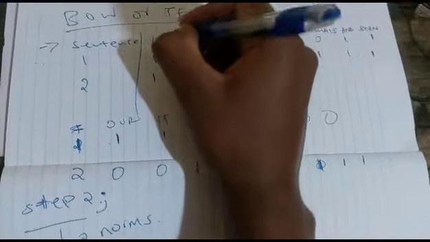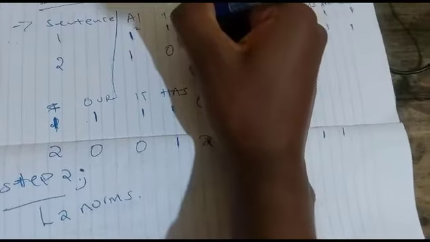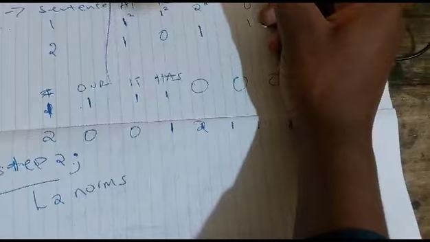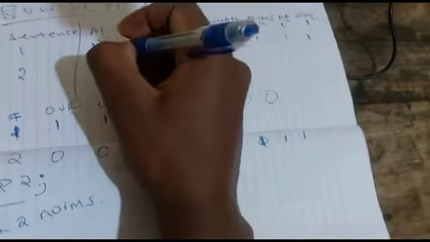For example, in our case, we will square this frequency. This is 1, we'll do 1 square plus 1 square plus 2 square plus 0 square, as you can see here, plus 0 square plus 1 square plus 1 square.